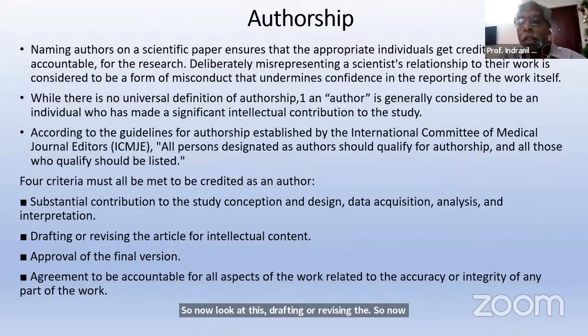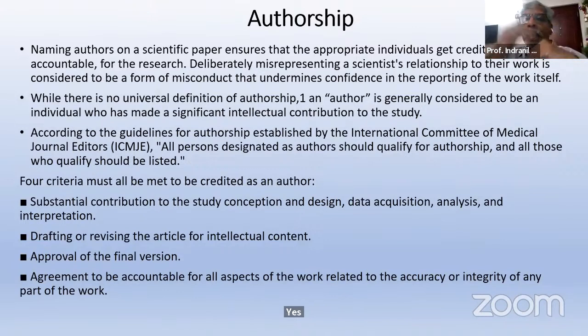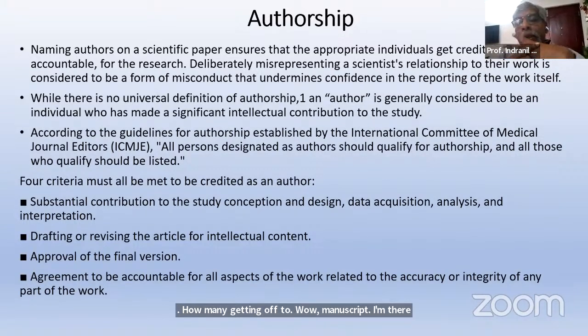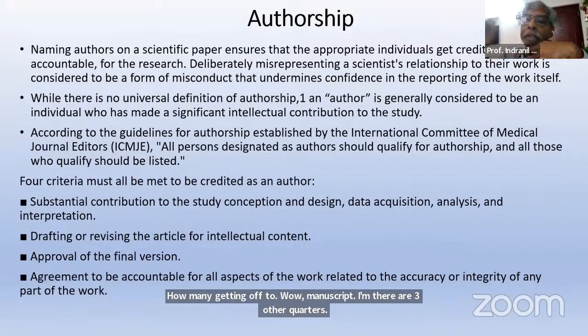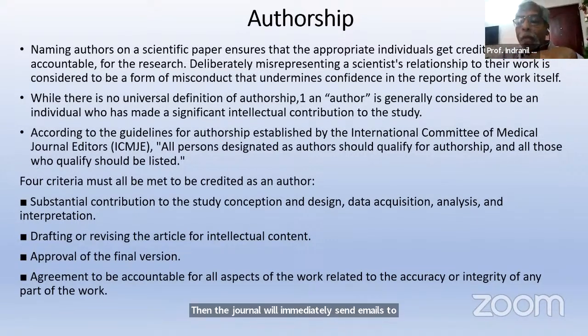Approval of the final version. If I, as the communicating author, submit a manuscript to any journal, and there are 3 other co-authors, then the journal will immediately send emails to those co-authors to check whether they agree with the submission.